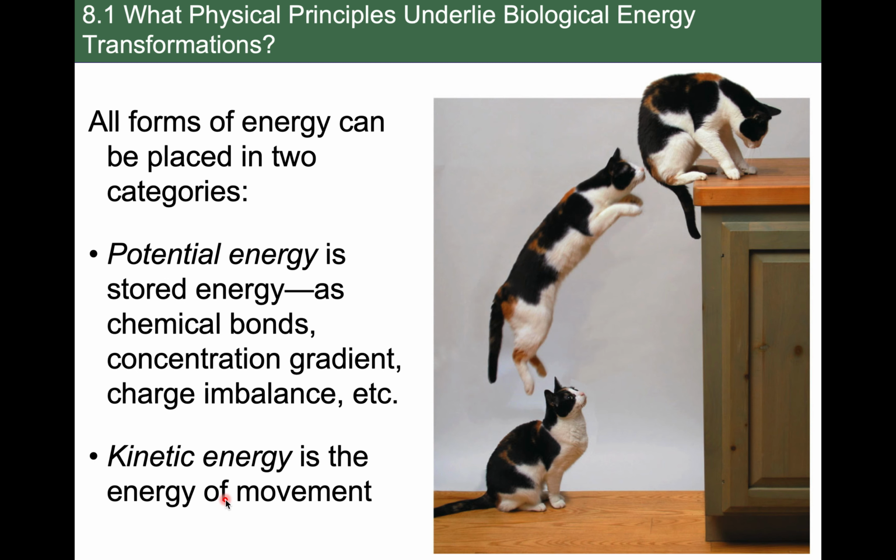That cat food contained sugars, carbohydrates, proteins, some of those macromolecules I was just mentioning. And those bonds holding those molecules together were being broken down inside the cat cells. And some of that potential energy was being transformed into that kinetic energy that's powering the muscle movement and the jump of the cat.